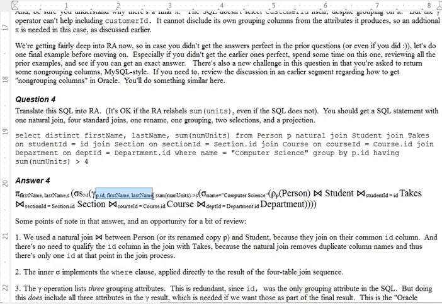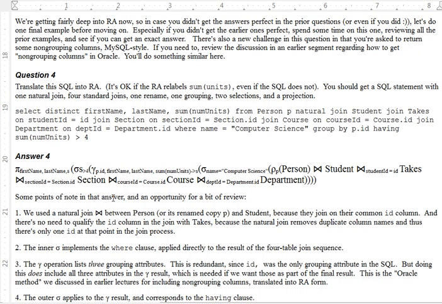Now this is redundant since ID was the only grouping attribute in the SQL, but doing this does include all 3 attributes in the gamma result, which is needed if we want those as part of the final result. This is the Oracle method we've discussed in earlier lectures for including non-grouping columns translated into RA form.